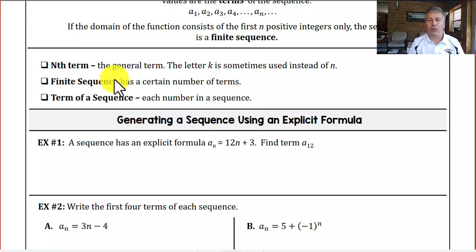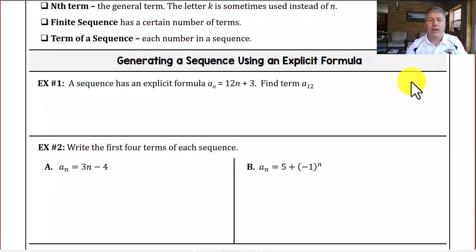That would be the nth term and the kth term. So a finite sequence, we talked about, has a definite or a certain number of terms. And the term of a sequence is each number of the sequence or where it falls. I've talked about that already. The fifth term is the fifth number in the sequence.